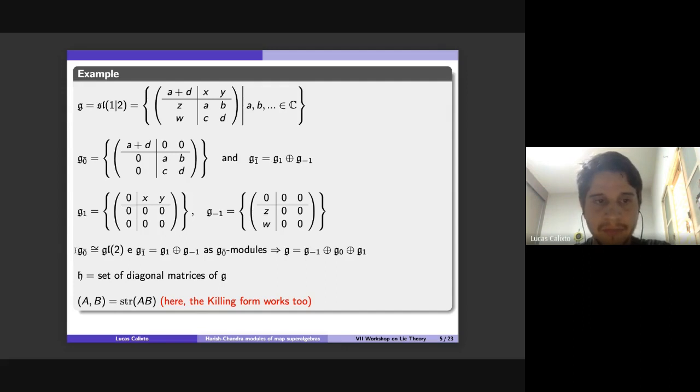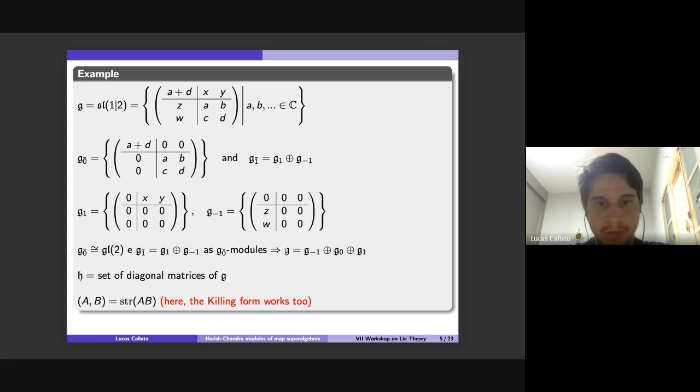The G0 piece is just a GL2, a very natural Lie algebra. When we look at G1 as a G0 module under the adjoint action, we have this decomposition, and each piece is an irreducible module over GL2. This is just the natural module, and this is the conatural module of GL2. By natural, I mean the natural action, the identity representation of GL2.